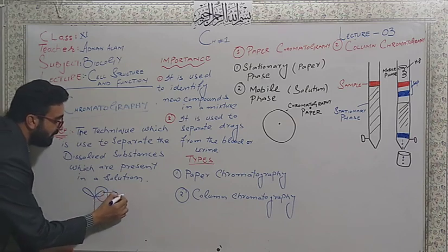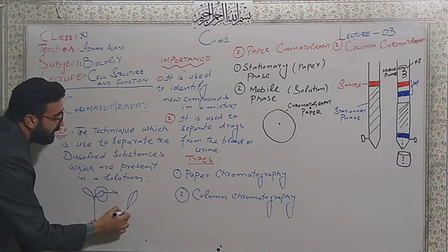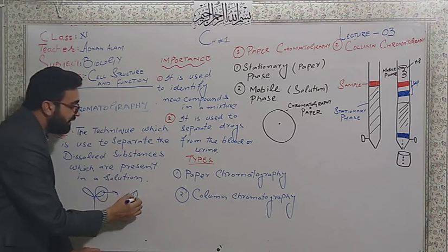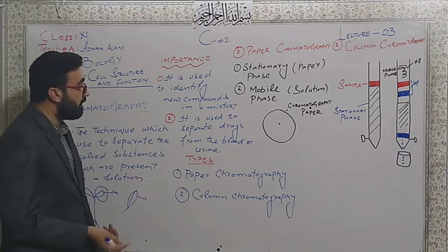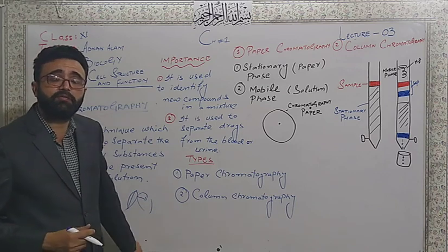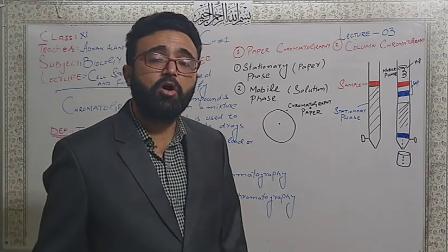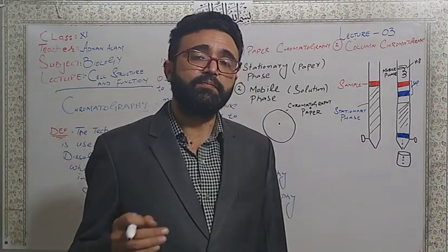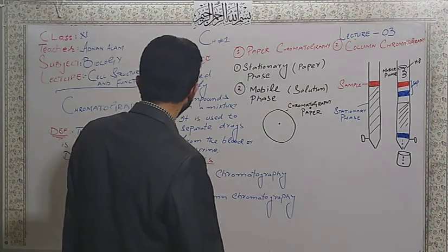So we will take the leaves of this plant, dry them, and grind them, then dissolve them in different organic solvents, and then it should be subjected to chromatography, and chromatography will tell us how many different compounds are present in this leaf.